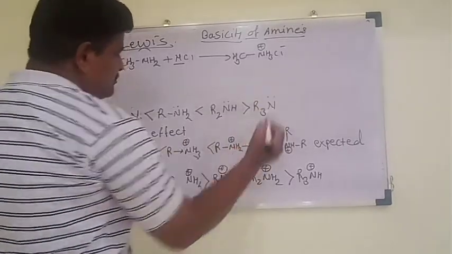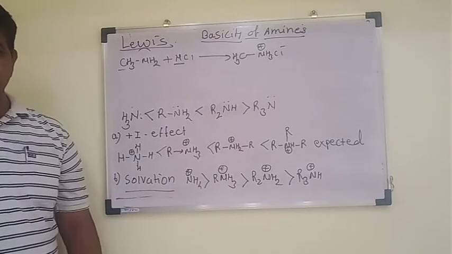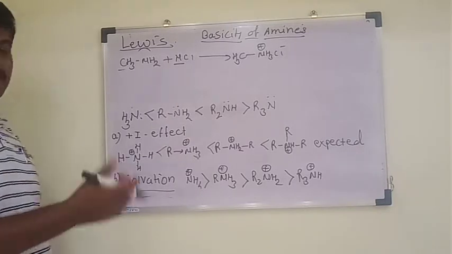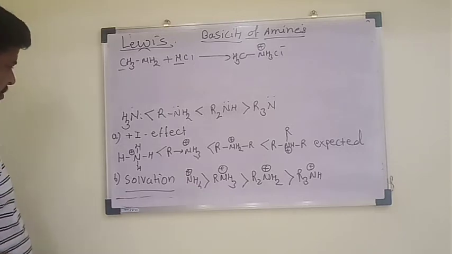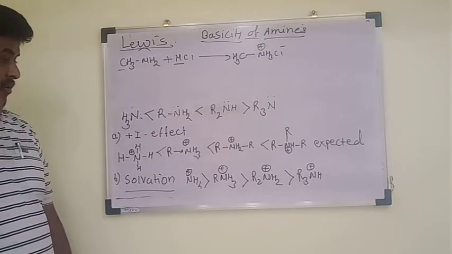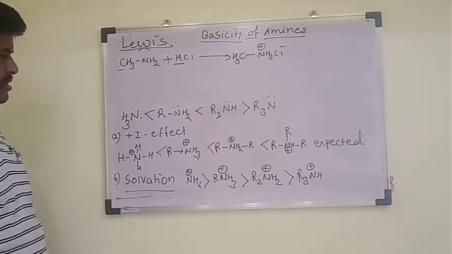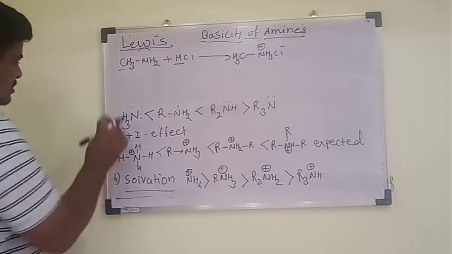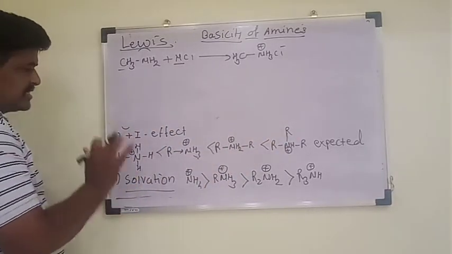This strength of basicity is expressed in different ways. For example, what are the factors which affect the basicity? Expected and actual, these 2 points we have to consider. Now what are the factors which affect the basic strength?